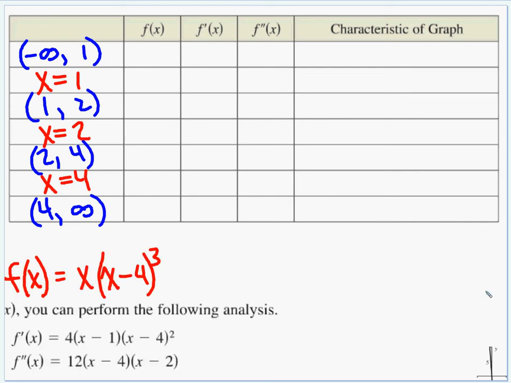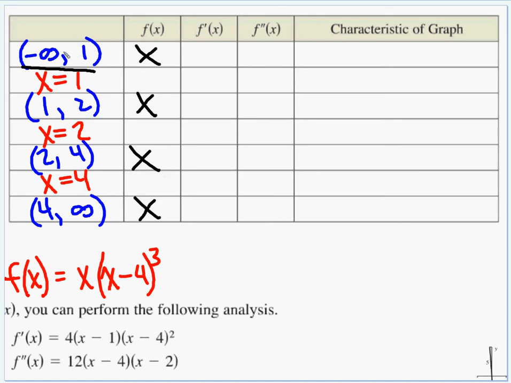Okay. And here are the original function and the two derivatives in their factored forms to make our job a little easier. So let's look at our first interval, negative infinity to 1. A good number in there to use is 0. With the intervals, we're not going to use f of x but the derivative.